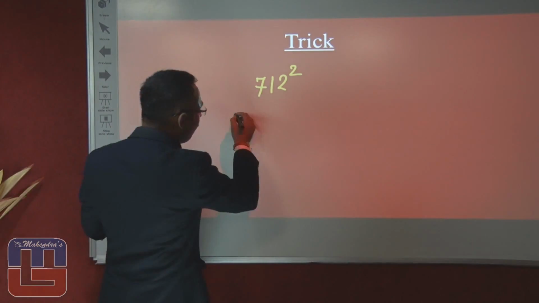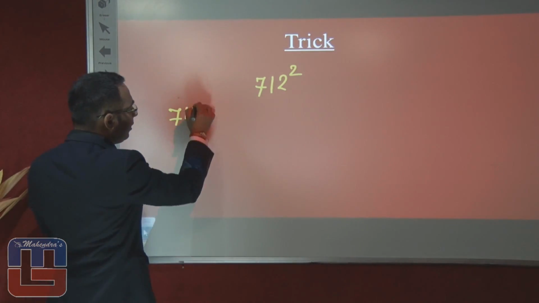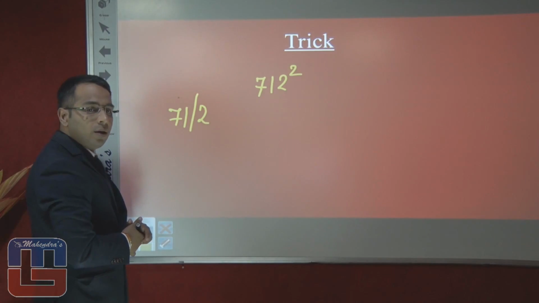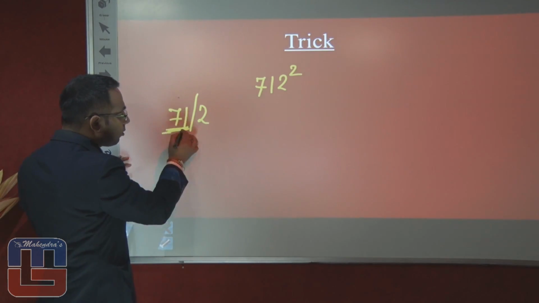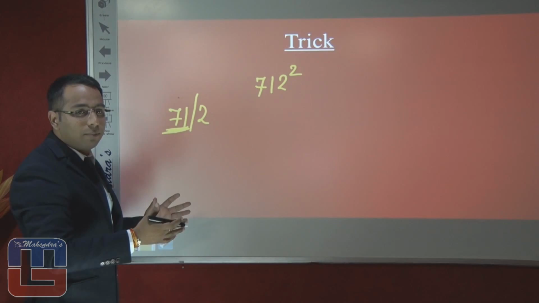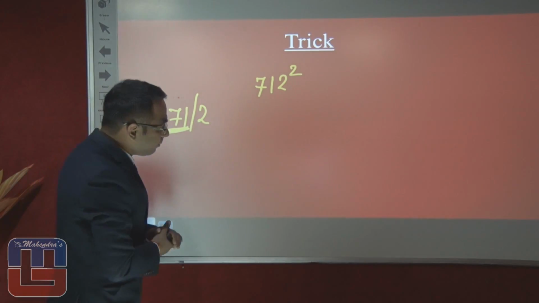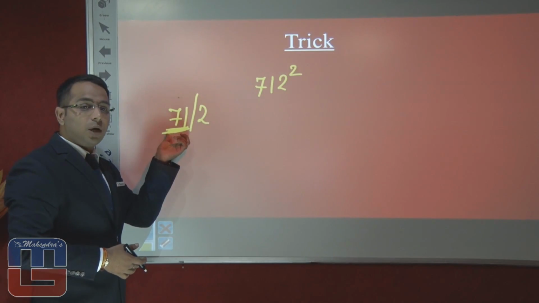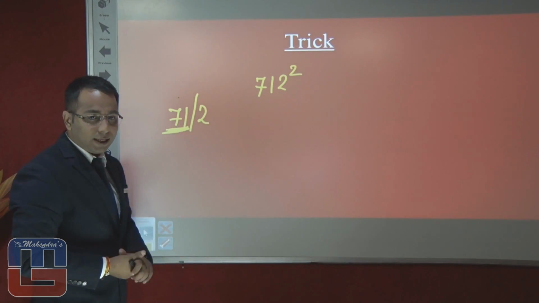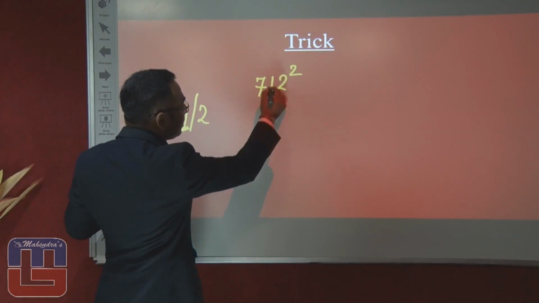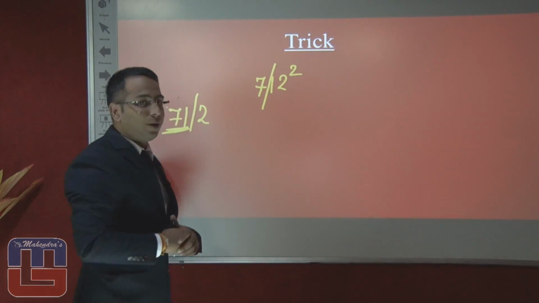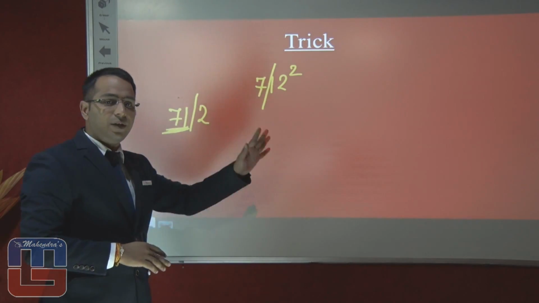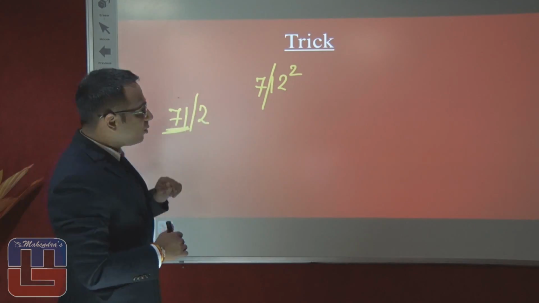We can break it in 2 forms. Either 71 and 2, but in this case we have to know the square of 71, which we don't remember. Quite a big number, so finding the square of 71 and then putting it together will be quite lengthy. So we will break this number into the form of 7 and 12. We know the square of 7 and we know the square of 12.